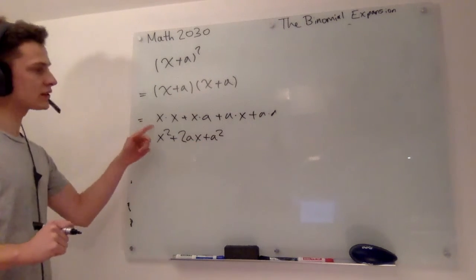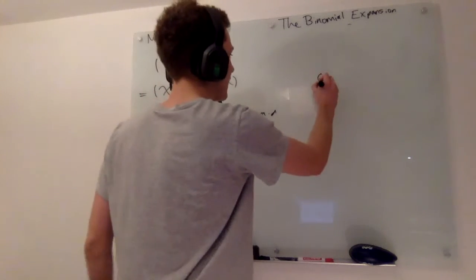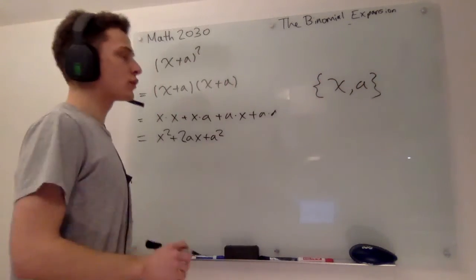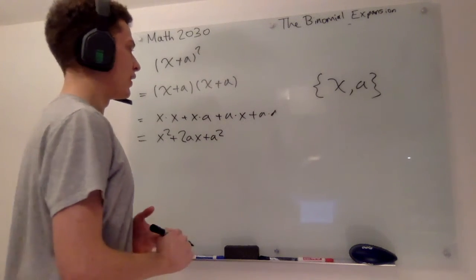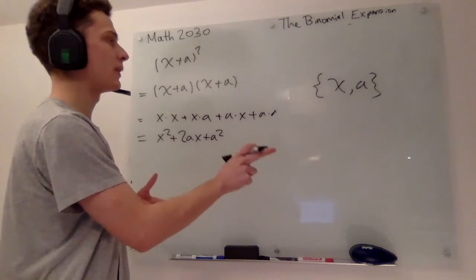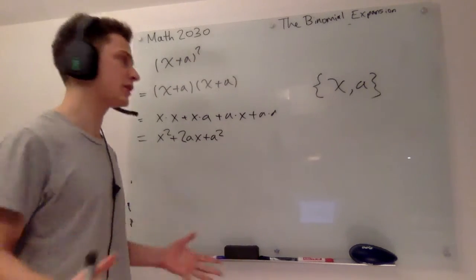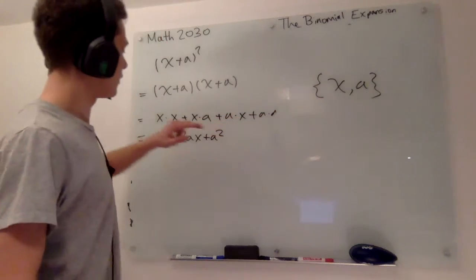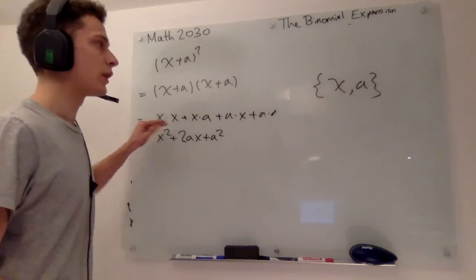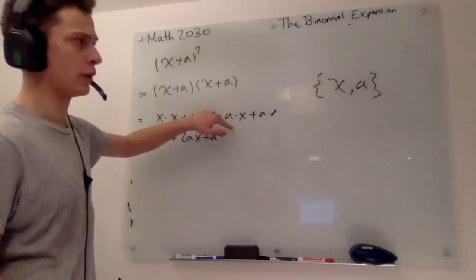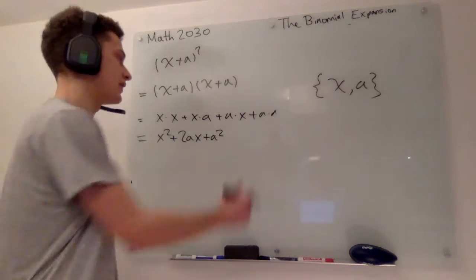But what this looks like is if we had a set x and a, and we wanted to write out a list of all possible combinations of 2 elements from this set, with repetition, of course. We could choose an x and then an x. We have that over here. We could choose an x and an a, or an a and an x. We got both those. Or we could choose 2 a's.